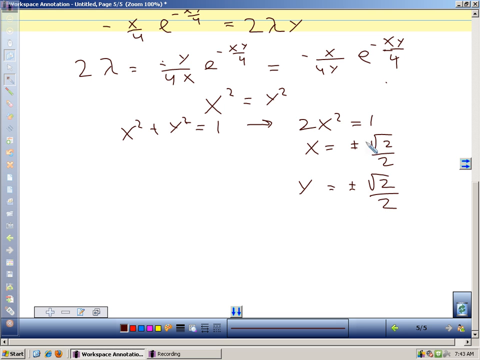And our points are, because we have plus or minus and plus or minus, we end up with two sets of points.